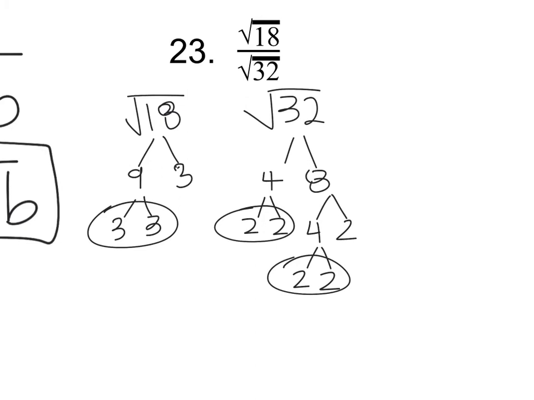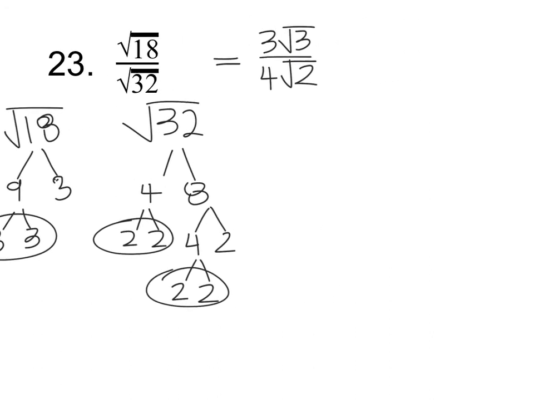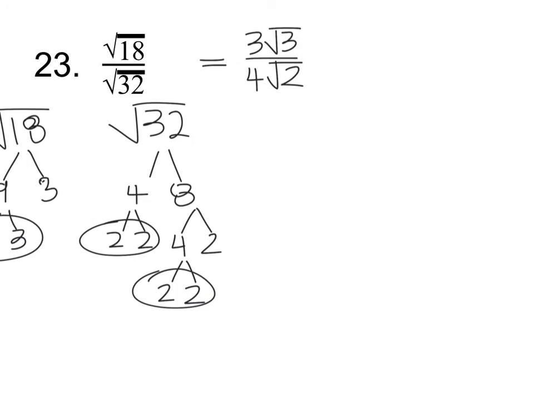Now when I rewrite my problem, I'm going to have 3 square root 3 over 4 square root 2. Now when we're dividing with radicals, we don't like to leave a square root in the denominator. So we're going to multiply the top and the bottom by the square root of 2, so we can get rid of it in our denominator.